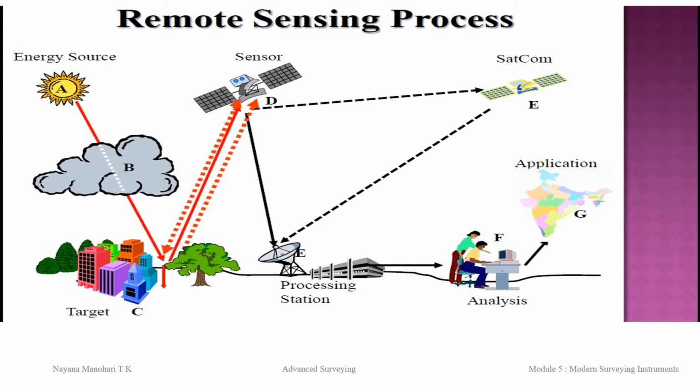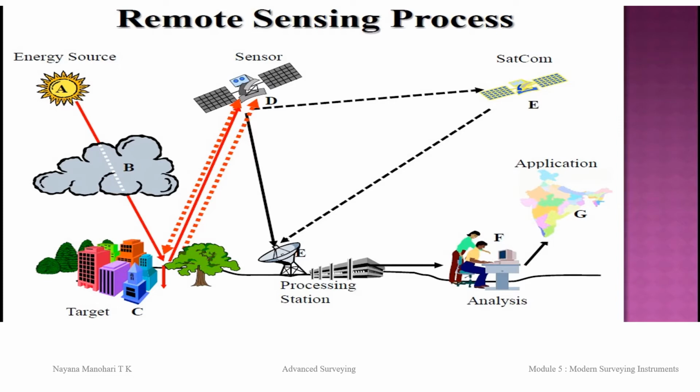Then it reaches E, the processing station, then F, analysis, then G, application. These are all the remote sensing process.